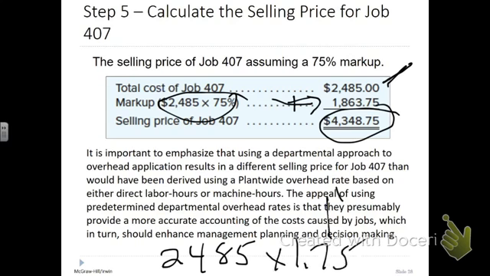Why 1.75? Because that'll be the 100% of the cost plus my 75% markup. That'd probably be the way I would have done it. Either way, you're going to get to $4,348. My point here is notice that the sales price is much higher than the job costs, and it needs to be in order to be profitable and make money.